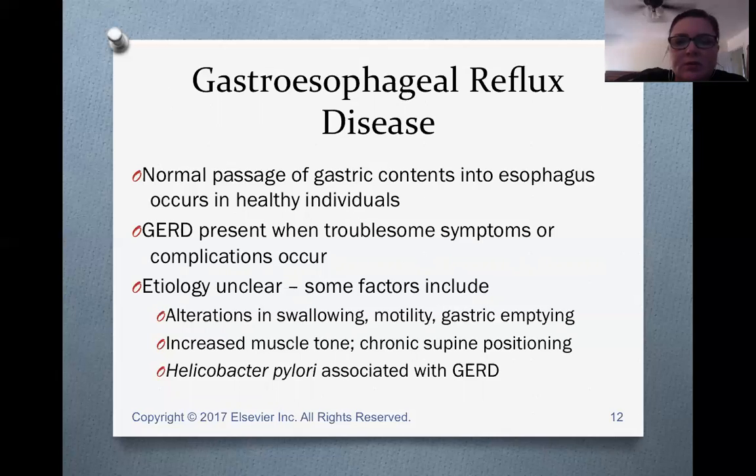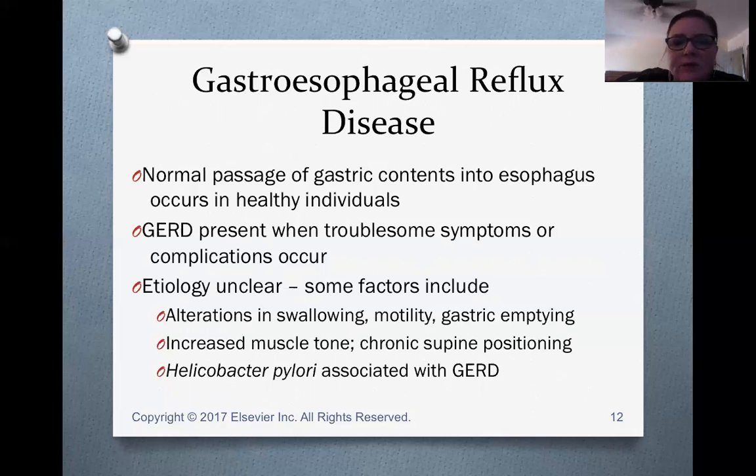I wanted to point out that there is a difference, and there's an article that I think you guys read on the difference between gastroesophageal reflux and gastroesophageal reflux disease. It is a normal process. All of us, every day, have some stomach contents that reflux up from the GI tract into the esophagus, okay?